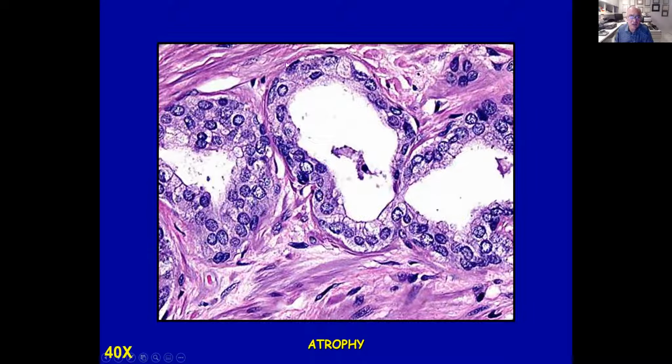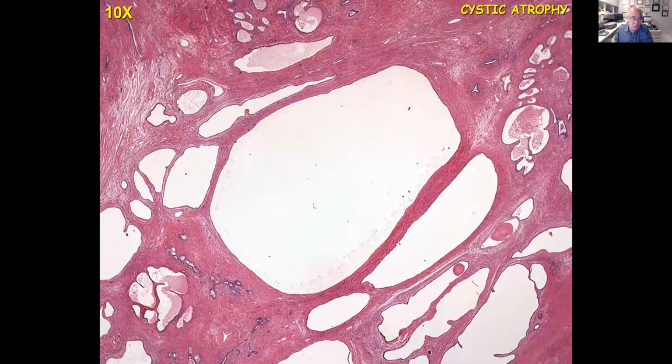Here we have some prominent basal cells around, and as I said before, we need a better trained eye to be able to make the difference. Sometimes this atrophy can be in the form of cystic lesions, as you can see here. They are also collections of glands that become obstructed and collect secretory material, producing these cystic malformations.